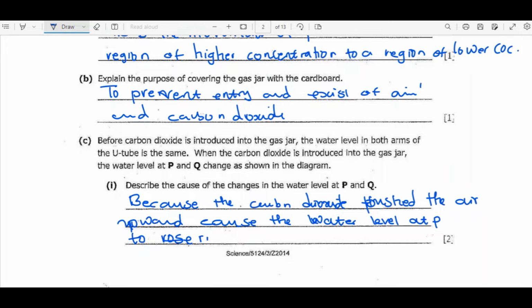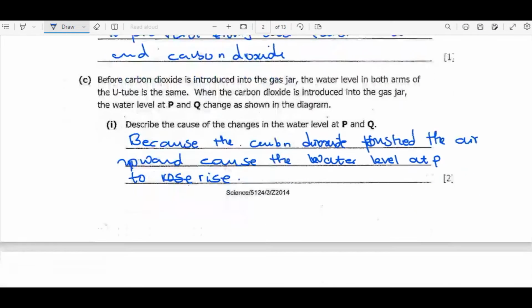So that's the explanation that we can give here.